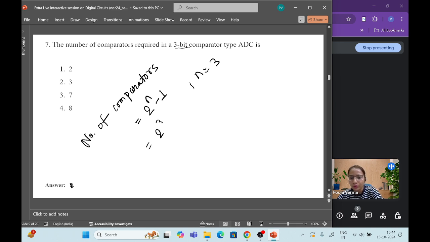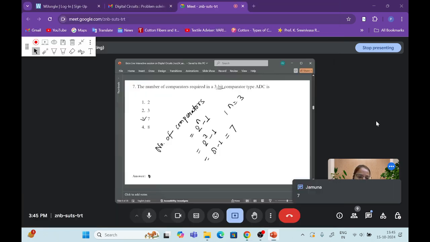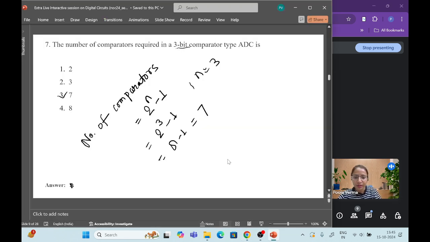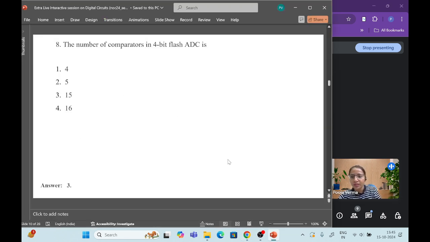So 2 to the power 3 minus 1, 8 minus 1, that is equal to 7. So the total number of comparators we will get is 7. Option 3 is the correct one.